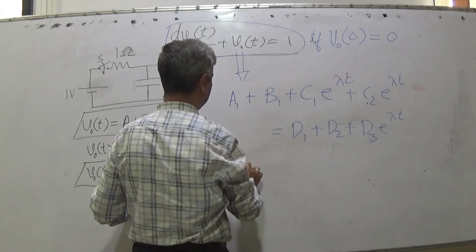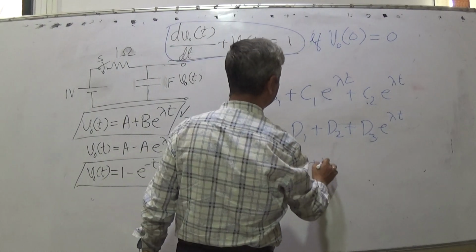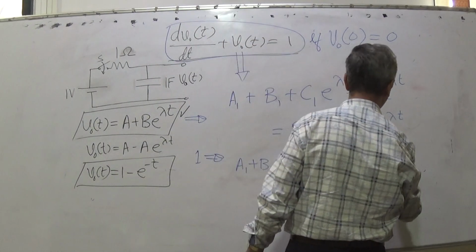So a1 plus b1 is equal to d1 plus d2, equation 1.